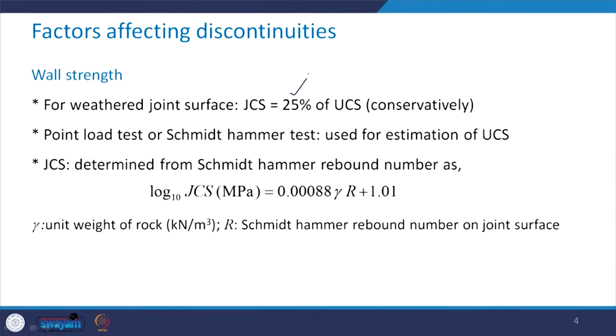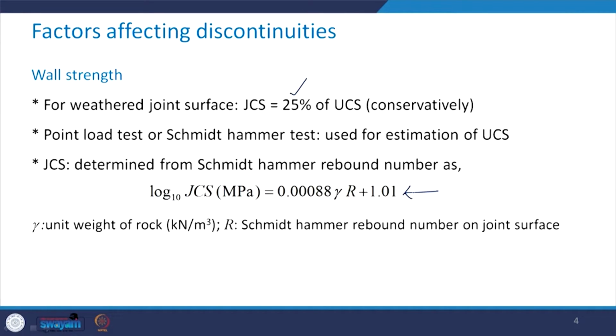JCS can also be determined from the Schmidt-Hammer rebound number using this expression. Once again, I am telling you that when we have this kind of empirical correlation, we have to be careful about the units. Again, this is another empirical correlation.